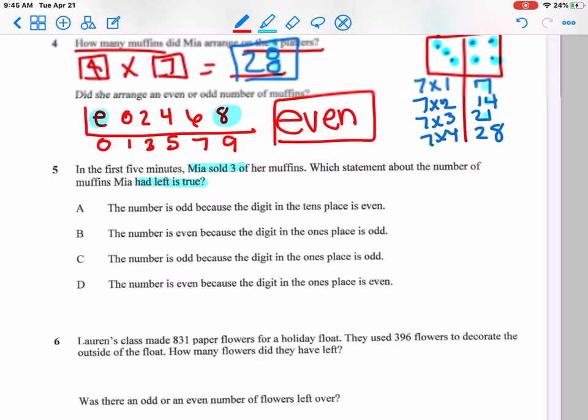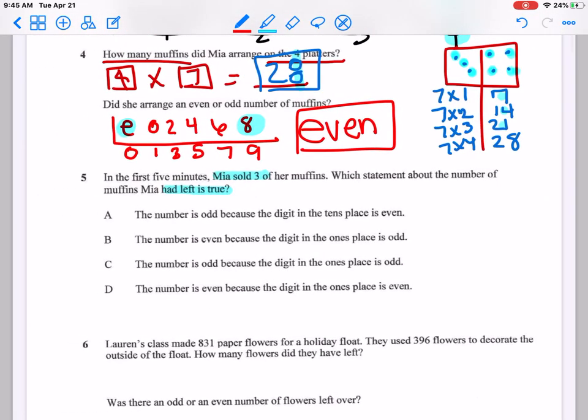I know that Mia started with 28 muffins. And this information is telling me that she sold. So what operation am I going to use if I sold? I use subtract. How many? She sold 3.